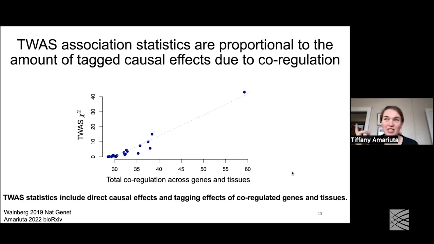Thinking back to that cartoon example of the brain, heart, and muscle tissues, and how their eQTLs were either shared or in LD, those were examples of these co-regulated genes and tissues.